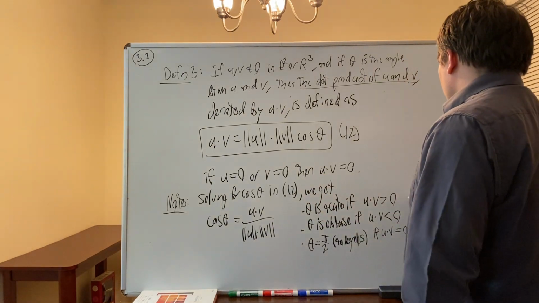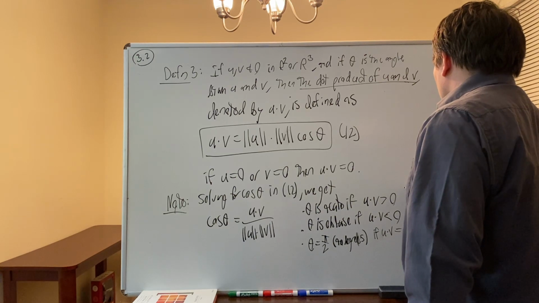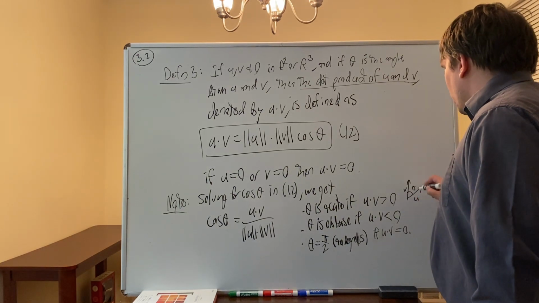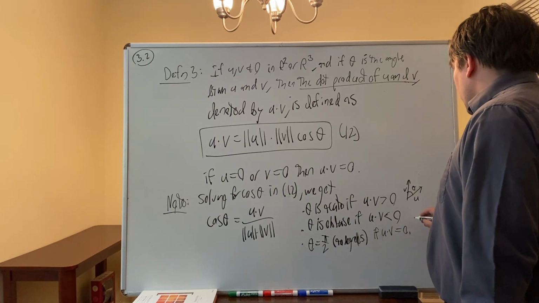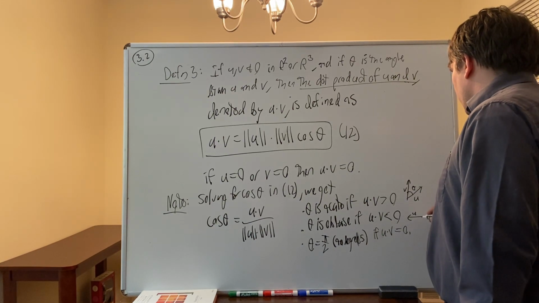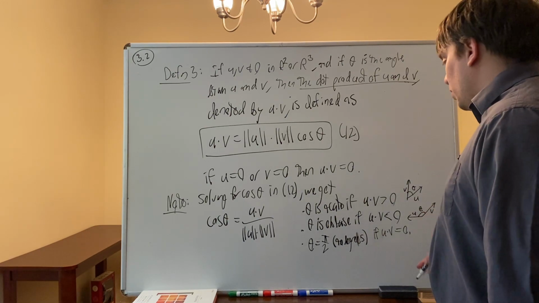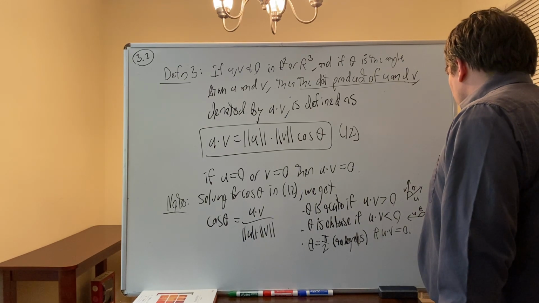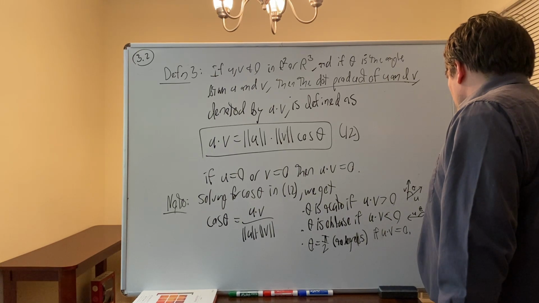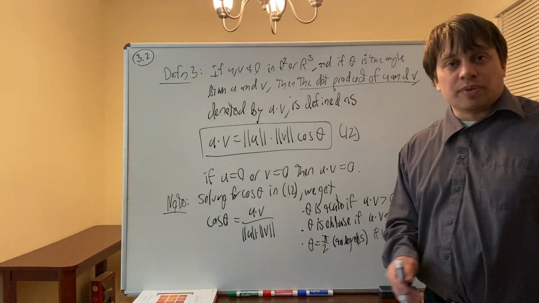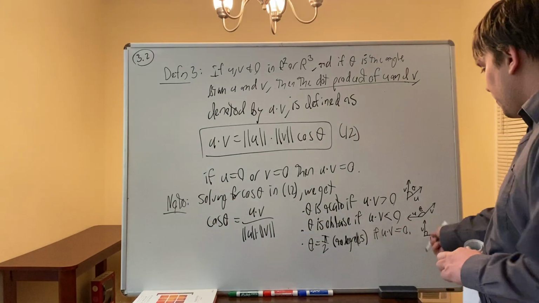So here you have U and V, and the angle between them, theta, is acute. Here, the vector u here and the vector v there, the angle between them, theta, would be an obtuse angle. And if you have a vector u here and a vector v here, if u dot v is 0, the angle between them is a right angle, 90 degrees, pi over 2 radians.